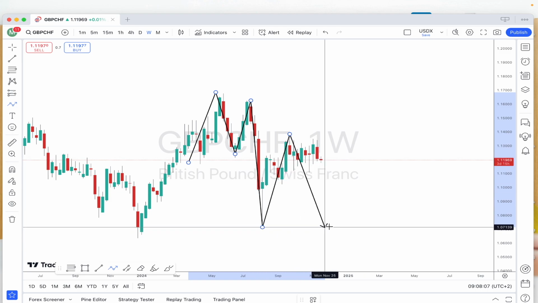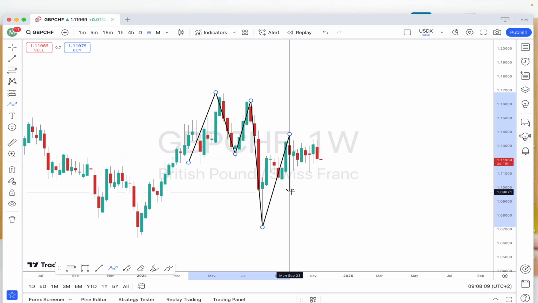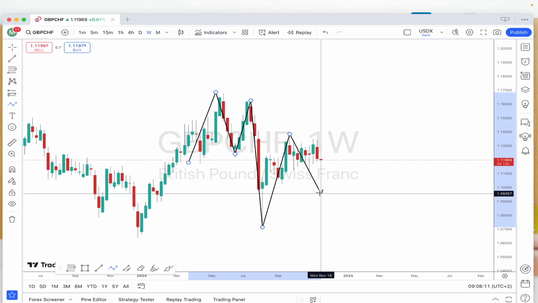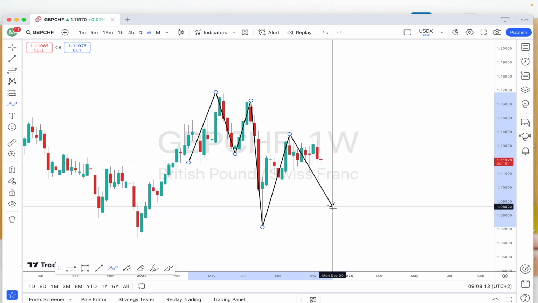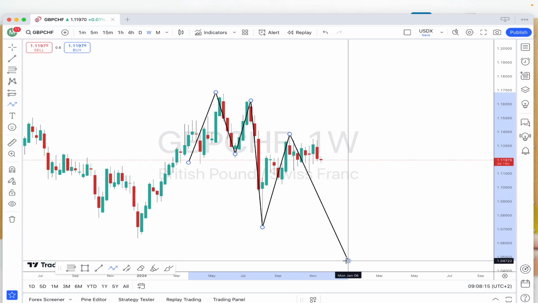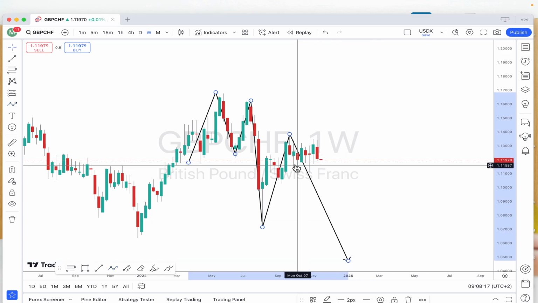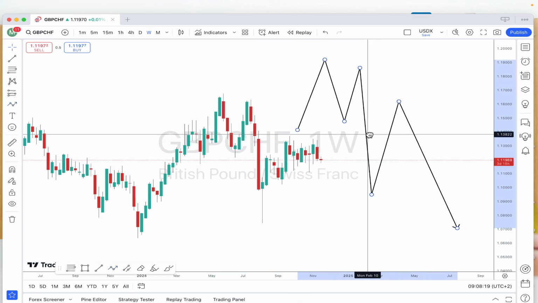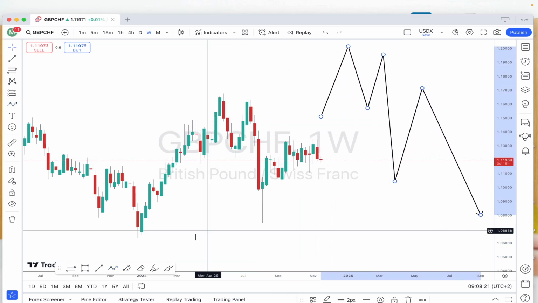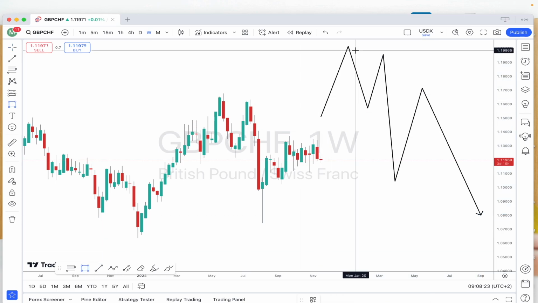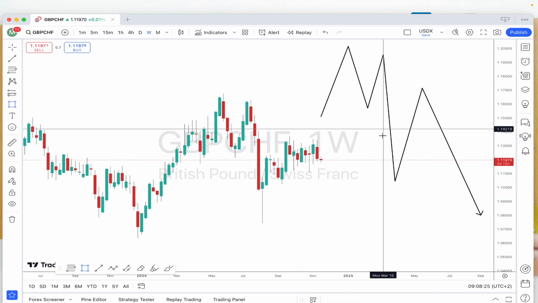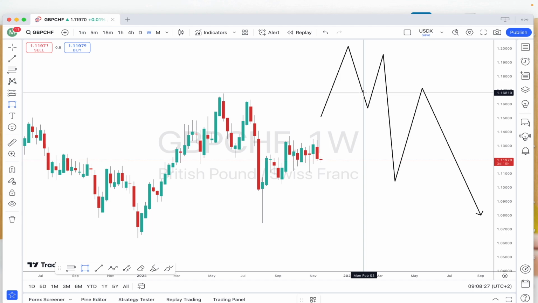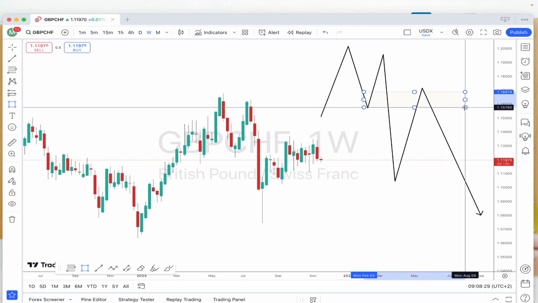It might get to this low, it might end anywhere, but at the moment the market is going down. This is the kind of pattern that you have, whereby the market pushed up, came down, formed a peak, and then it is reacting on the neckline there.